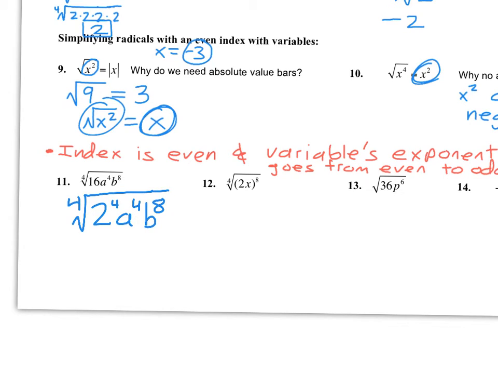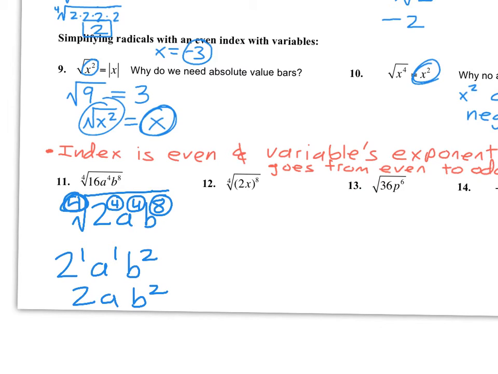And so now you could just divide the exponents by the index. 4 divided by 4 is 1, so we're going to have 2 to the 1st. 4 divided by 4 again is 1, so we're going to have a to the 1st. 8 divided by 4 is 2. So remember, it's the inside divided by the index. And if I simplify, I don't need the exponents of 1. This is going to be 2ab squared.